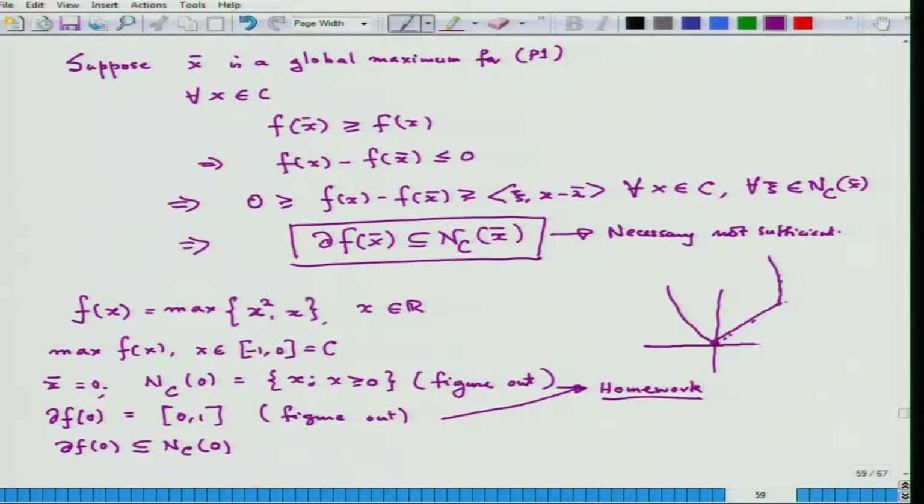Take the set minus 1 0, and take x equal to 0 and x equal to minus 1. On this particular set it is clear that 0 is the global minimizer of the function. Over the whole R it is a global minimizer. So, you can really see that this condition is satisfied, but x equal to 0 is a global minimizer, not a maximizer.